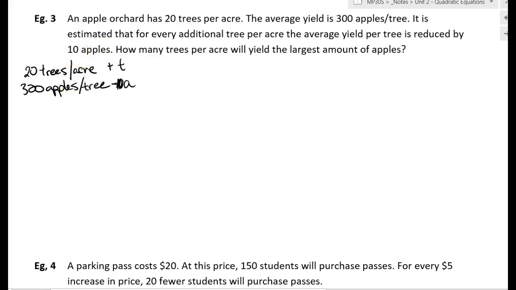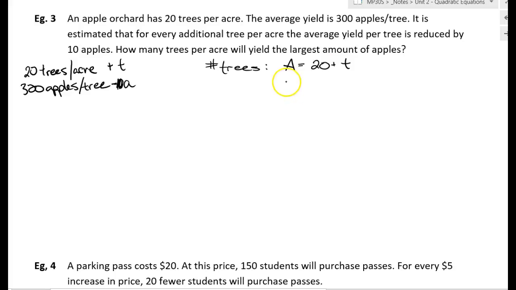So we've got kind of two scenarios to set up. We've got the number of trees is going to be, and we can decide however many of this, so per acre it's going to be 20 plus t, and that's going to represent how many trees are added.